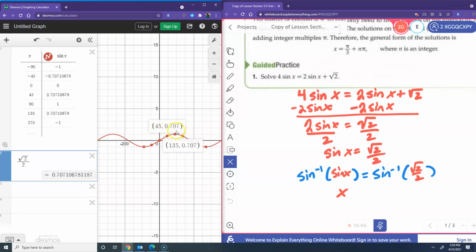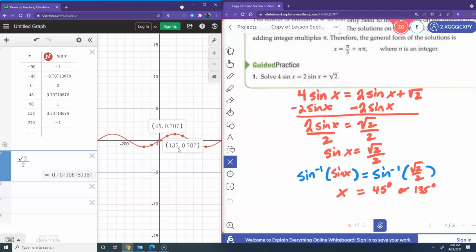See how it's 0.707. And it's also going to occur at 135 degrees. So we actually have 45 degrees or 135 degrees.